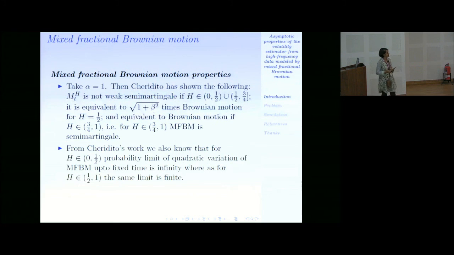Now what is nice about fractional Brownian motion, why would one consider it at all? There is a paper by Cheridito which shows that Brownian motion has very nice properties in stochastic integration theory. But from a practical point of view, Brownian motion lacks something: it has an independent increment process.